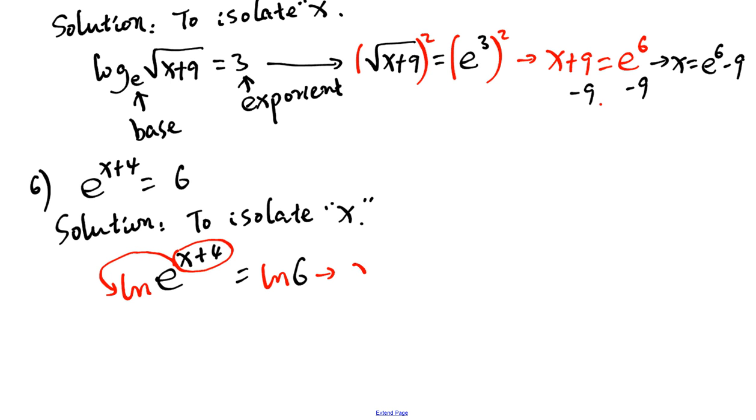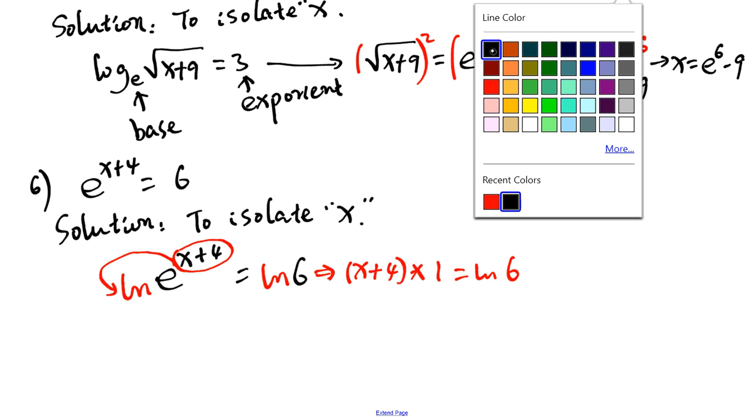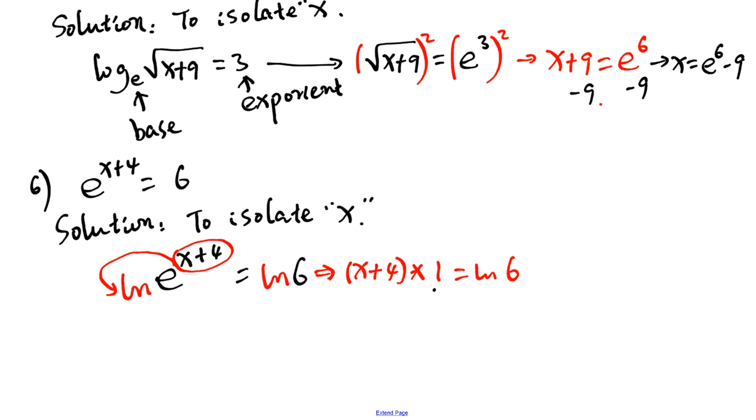So you should have x plus 4 times the quantity, which is 1, equals natural log 6. Why is it 1, you may wonder. I'll explain to you. Let me write one more step for you, so you will not get confused. So you bring x plus 4 down to the front.